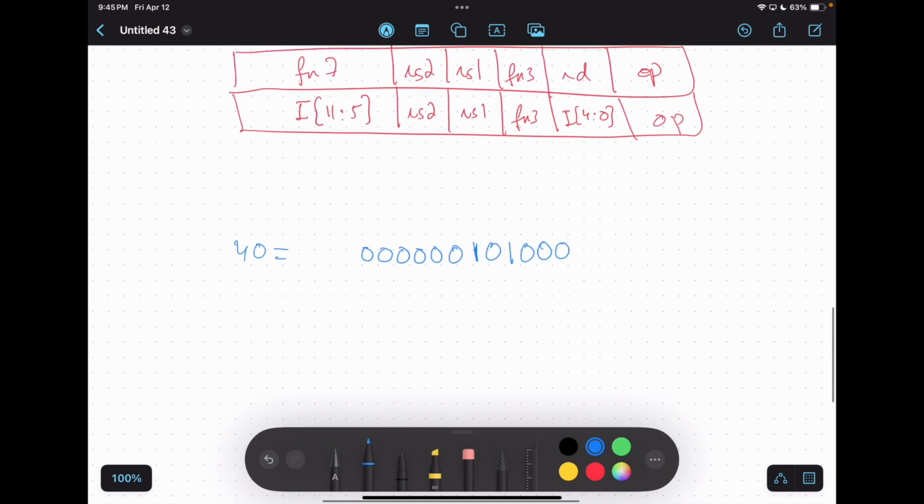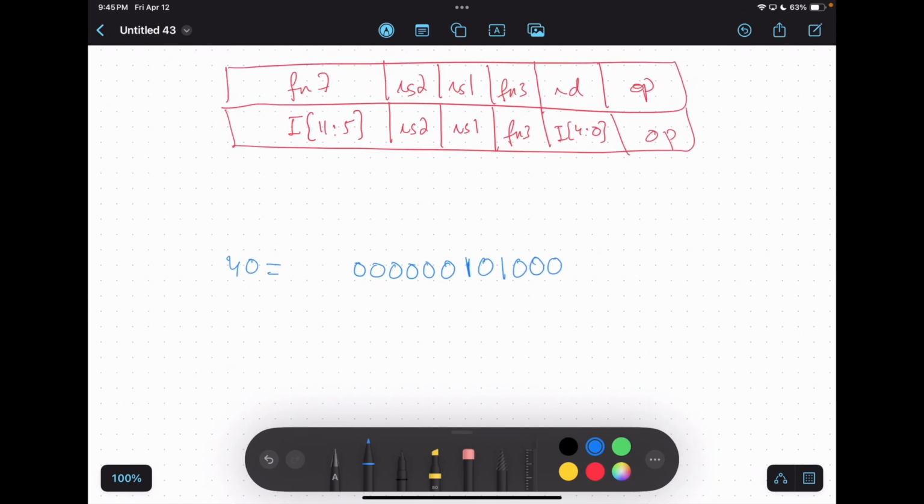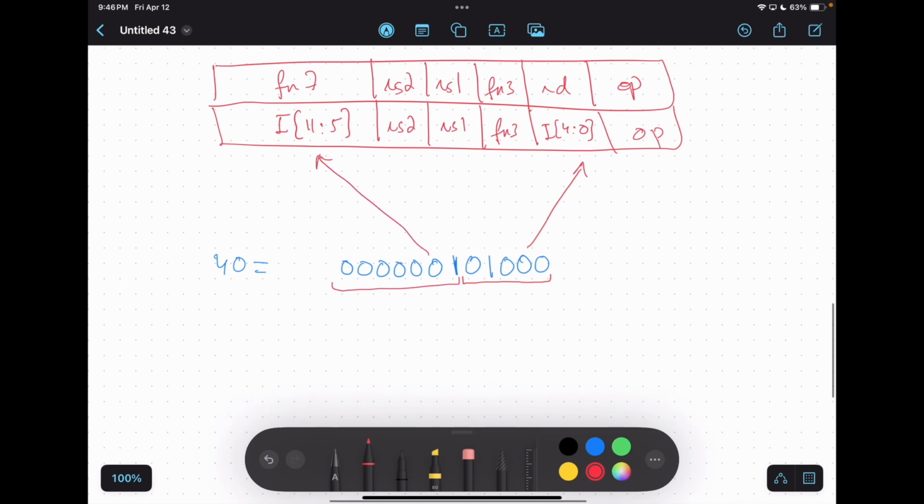This is the binary equivalent of 40. Now how is this split into this format? These are the 5 bits, 0, 1, 2, 3, and 4, that will go here, and the remaining 7 bits go here.